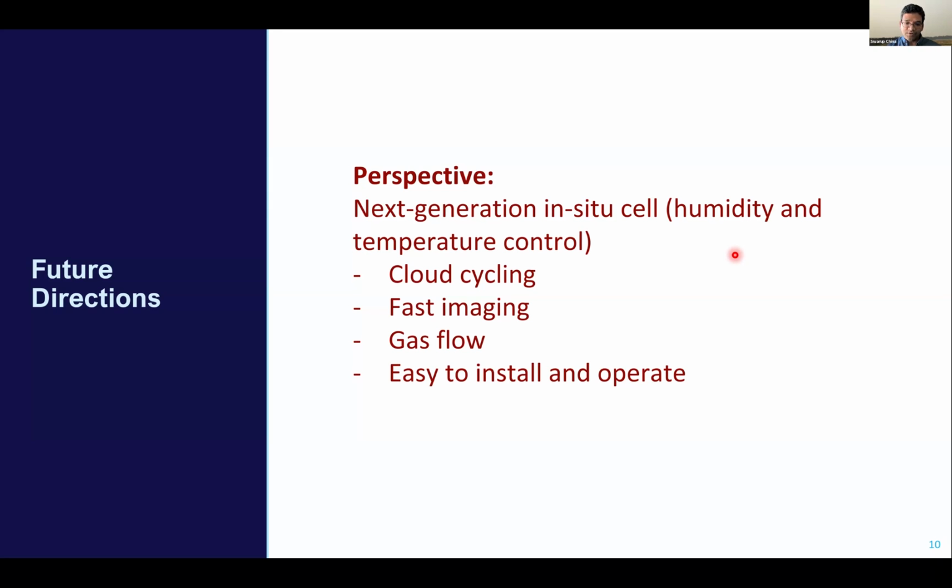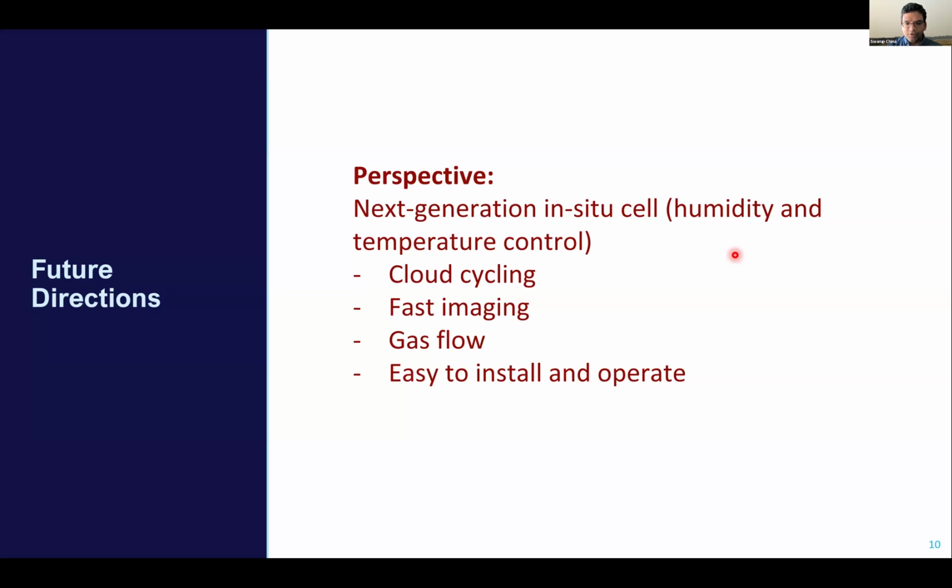And lastly, something easy to install and operate. The one that I've been using is quite challenging and needs a lot of skill to perform this experiment. But I believe a lot of things can be made simpler, so it will be easy to install and to perform this experiment in a more sophisticated way. So definitely a lot of improvement is needed.